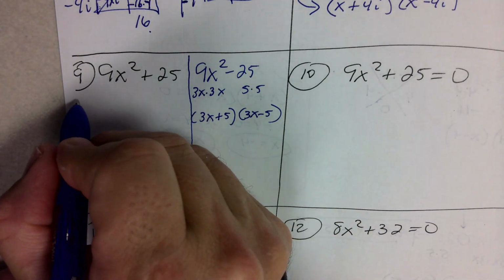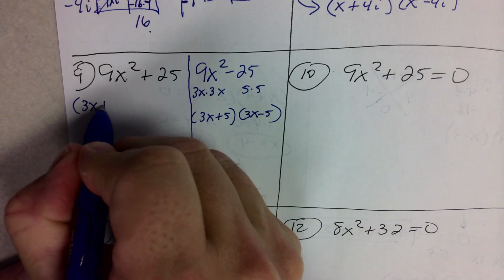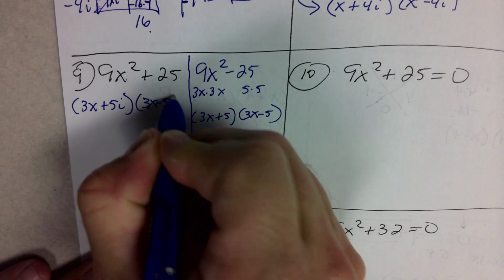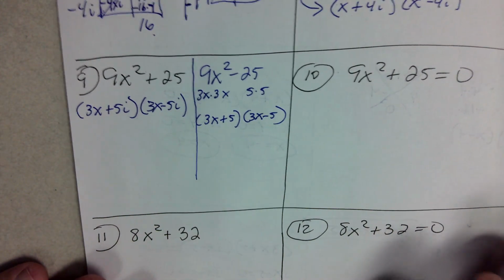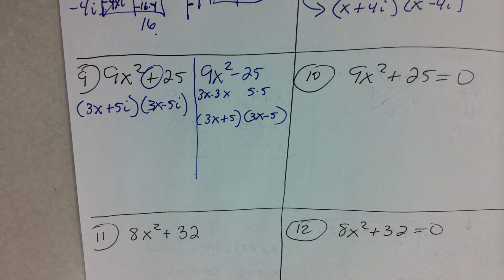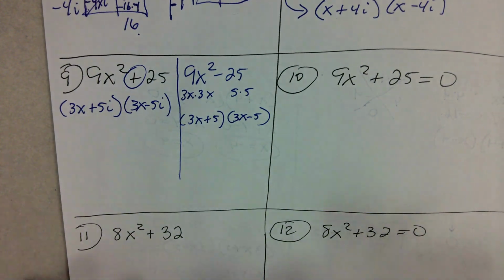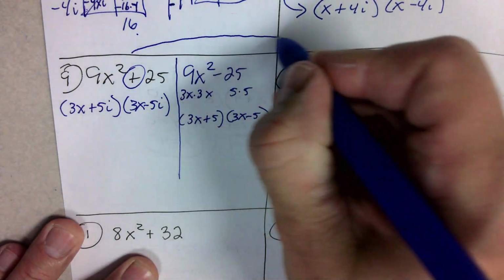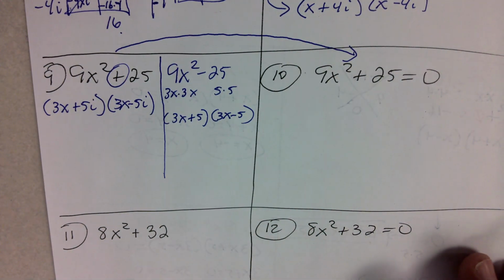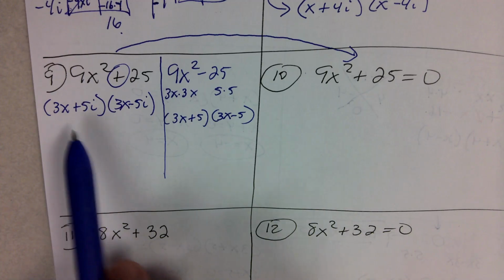Okay, this one we're going to have a 3x plus 5i, 3x minus 5i. If there is addition between, we've got to include the imaginary. You could factor.